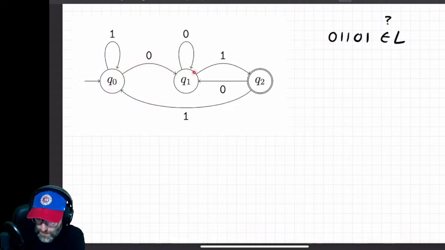Now I'm in this state and I read the second bit. It's a 1, so I transition over to this state. I read the third bit, which is a 1, and I transition back over here. I read the fourth bit, transitioning back over to this state, and then finally I read the last bit, which is a 1, and I transition over here. So in this particular case, yes, we do accept.